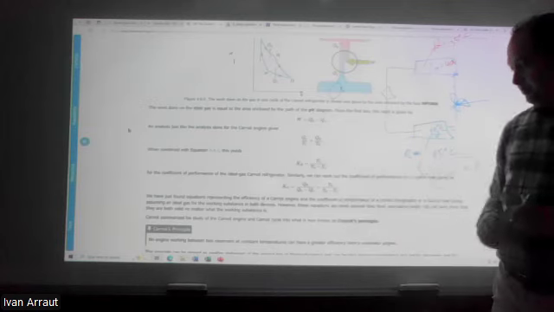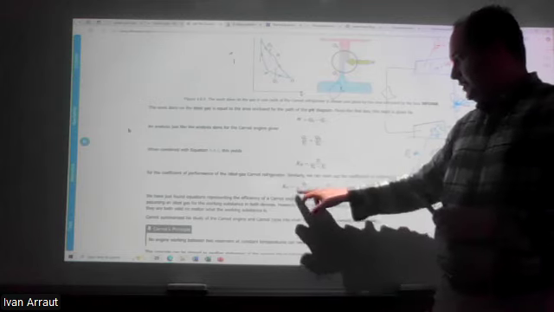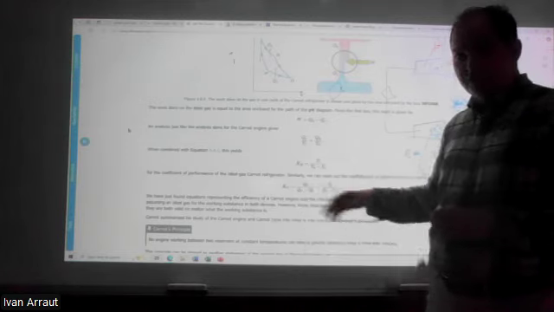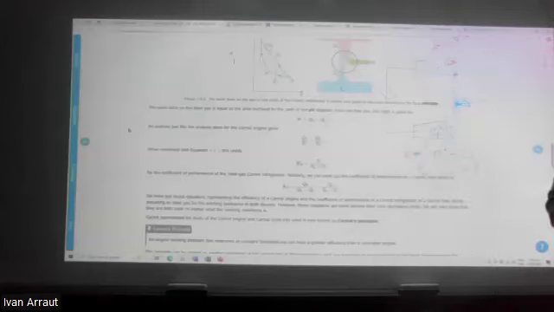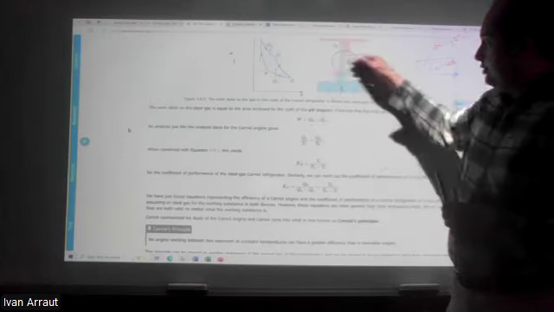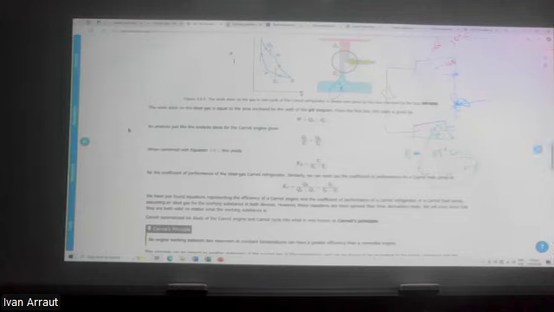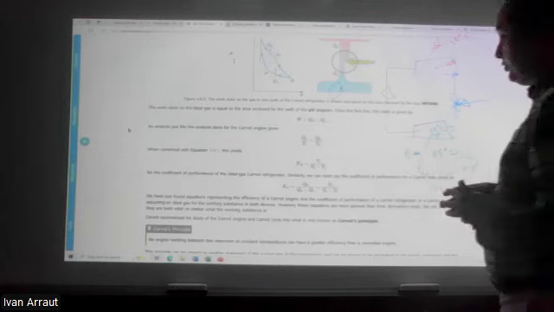Hot, hot, cold. This is hot. This is the difference between hot and cold because it's the work. In a thermodynamic cycle, remember the work is the difference between heats. Difference between this and this gives you the work. There is no change of internal energy because it's a cycle and the change of internal energy in a cycle is 0.